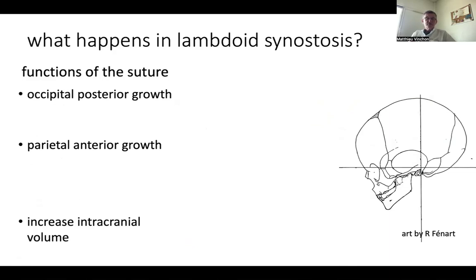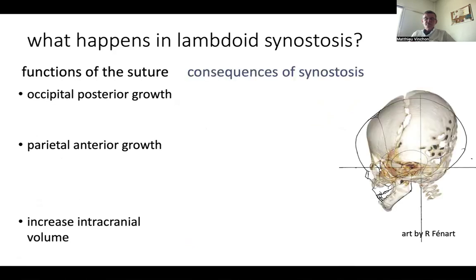As I said, the function of the suture is occipital posterior growth. So the consequence of the synostosis, here we have the normal skull and in superposition the bilambdoid synostosis, which shows the difference. So when the occipital posterior growth is impaired, we have occipital flattening, which can cause tonsillar herniation.